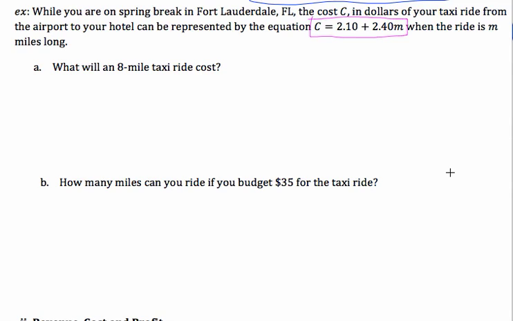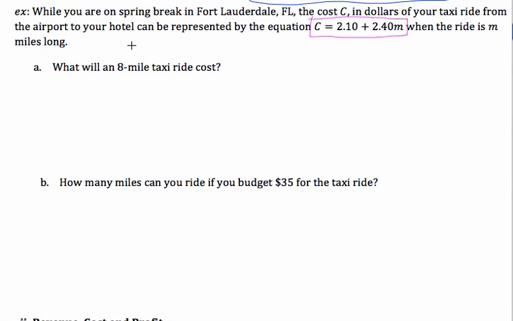So reread the problem as many times as you have to. Your teacher reads it about 3 times before it makes sense to her, so you might have to reread it 3 or 5 times, or if you're really with it, maybe just once is good. Anyways, what is C again? C is the cost in dollars of your taxi ride from the airport to the hotel.